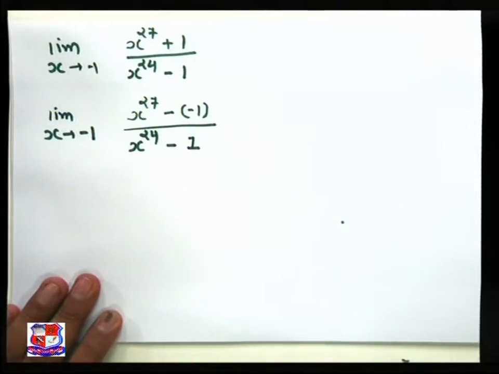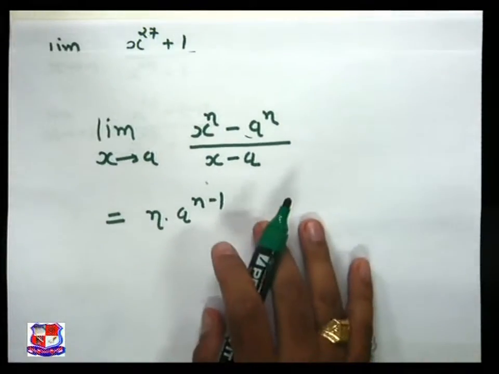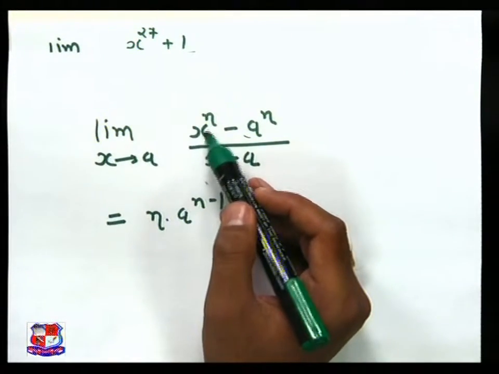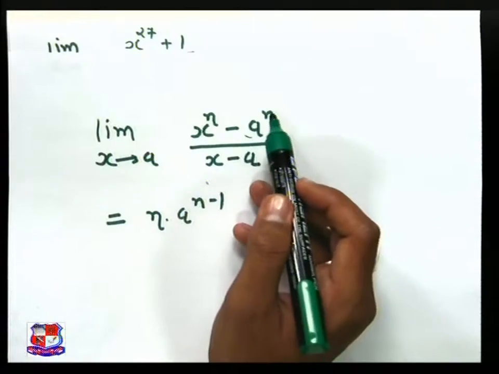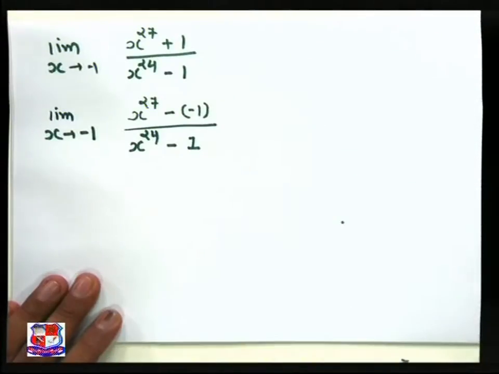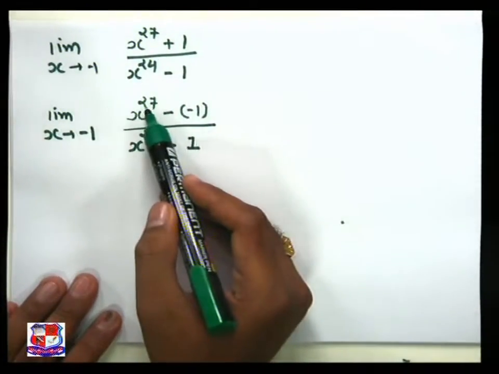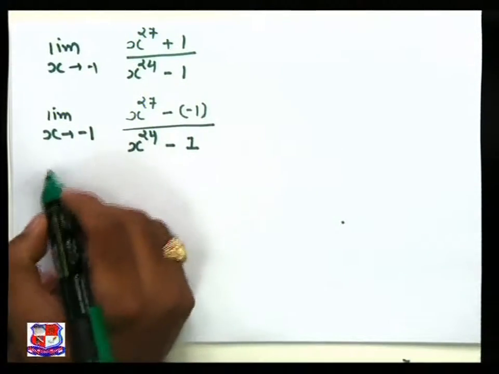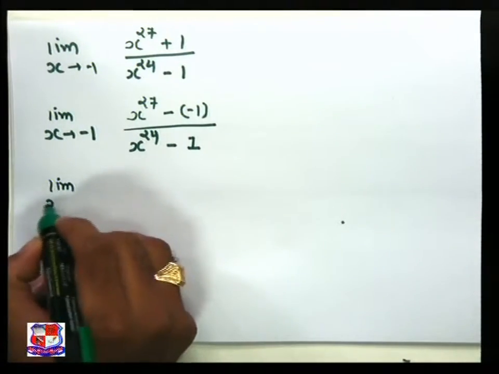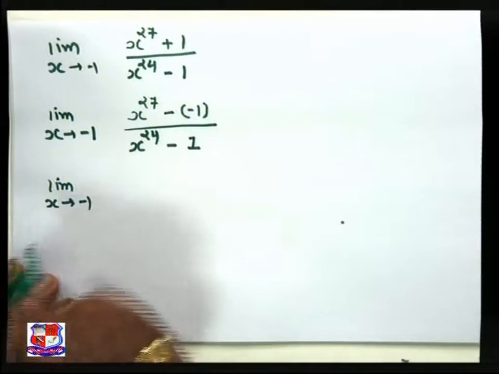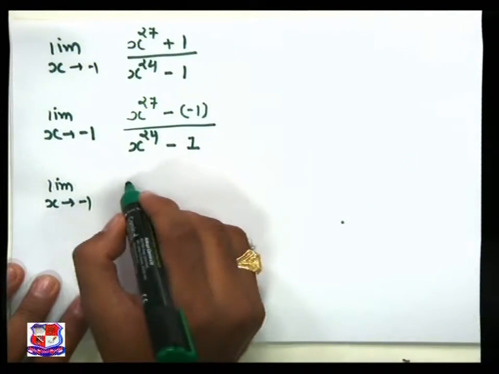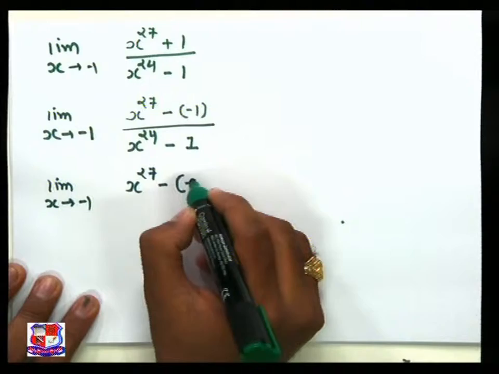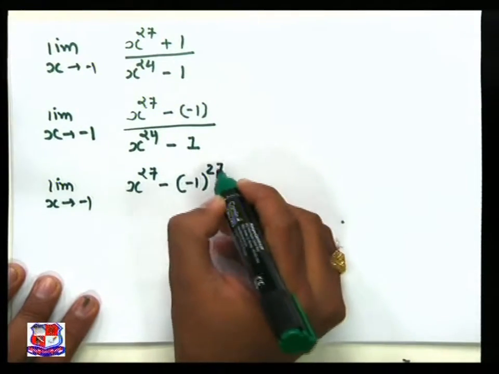Now again look at our equation. Here we require the same power, x power that is n, and a power that is also n. So we must convert to the same power. Here x raised to 27, so we require the 27 power. So we write limit x tends to minus 1, x raised to 27 minus 1 raised to 27.